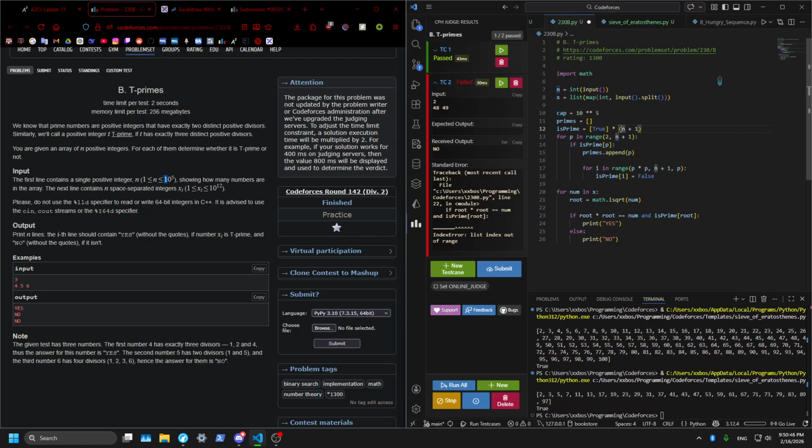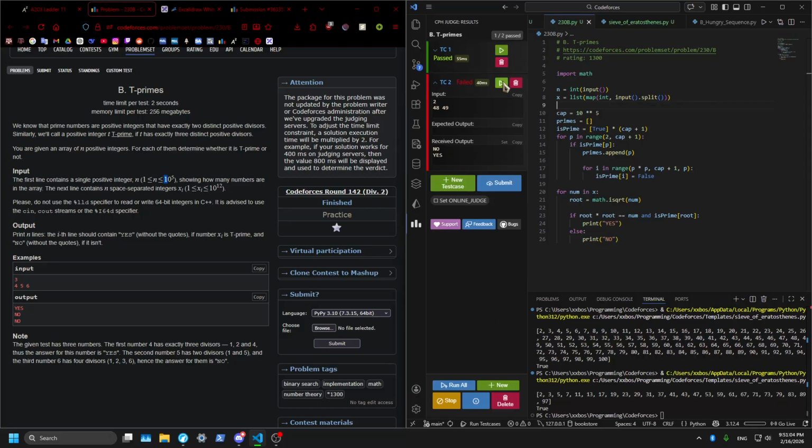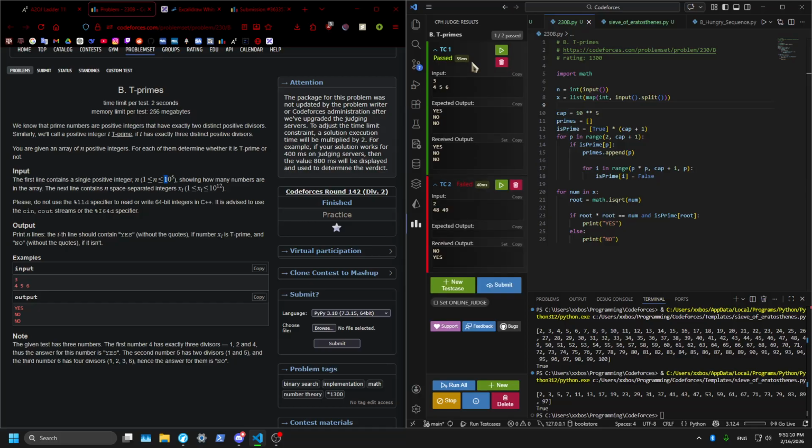Okay. We just replace N with cap. Why am I printing two things? Oh, I should be printing two things.